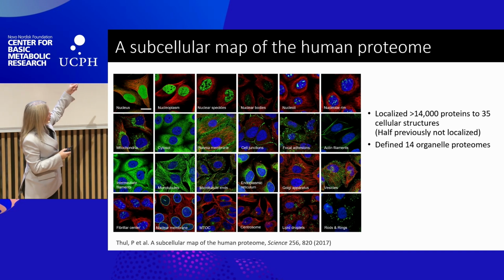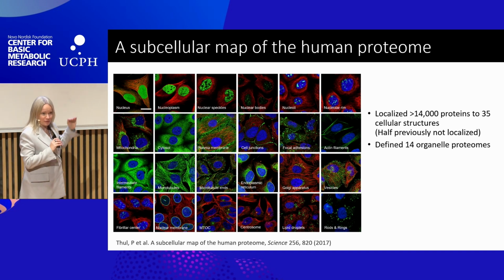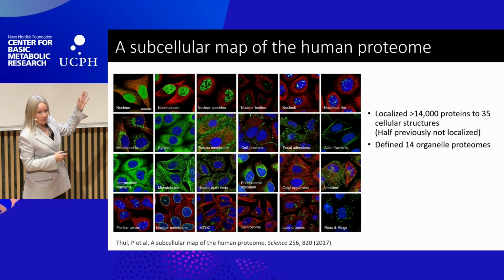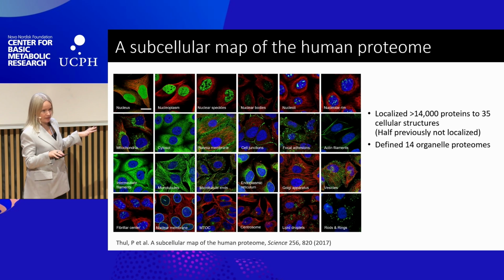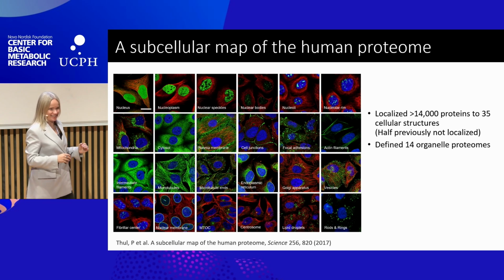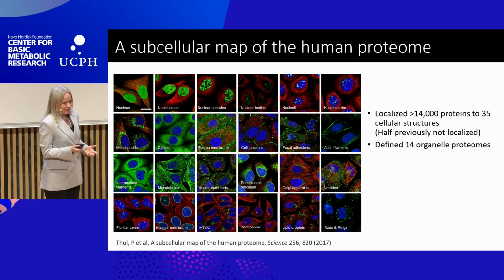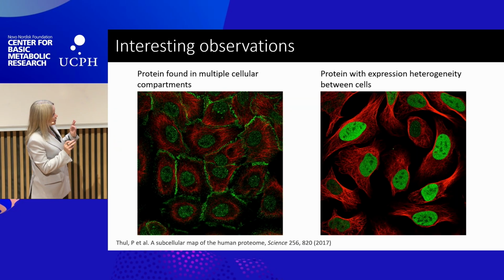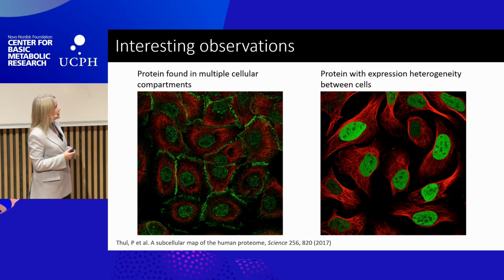And I should also say that it sounds very basic, and it is very basic, but the first time we published this paper, half of these proteins had no evidence of where they were in cells. So even though it's very basic, people hadn't really studied it. So the two aspects that we find particularly interesting would be patterns like this.